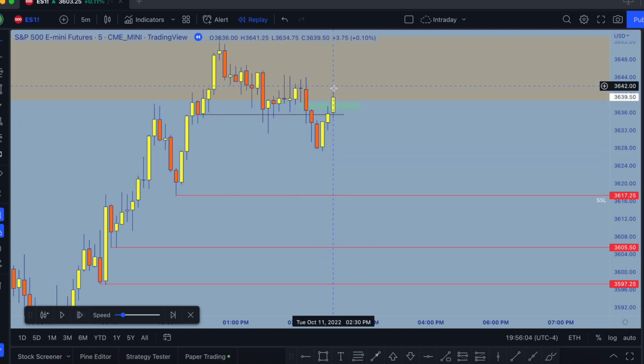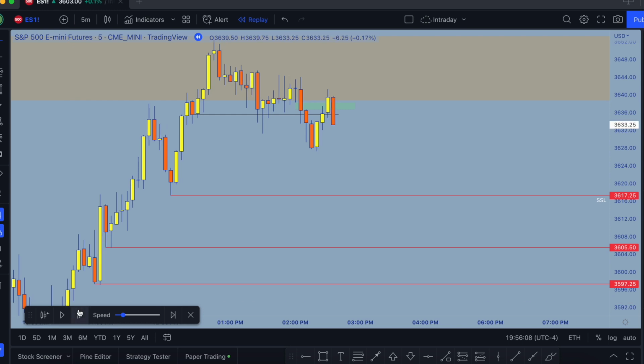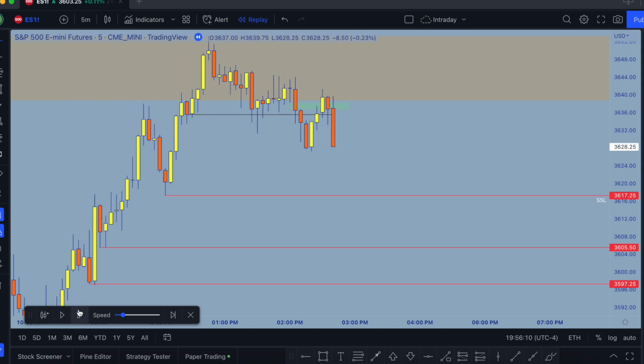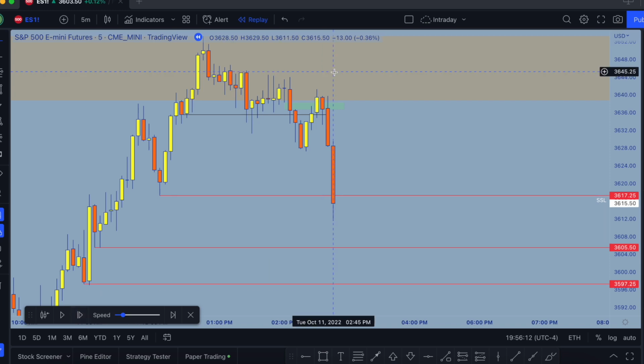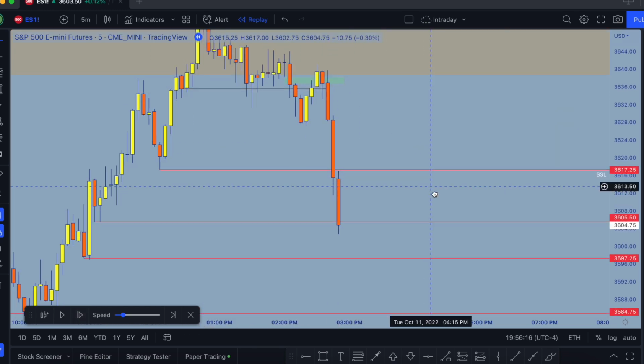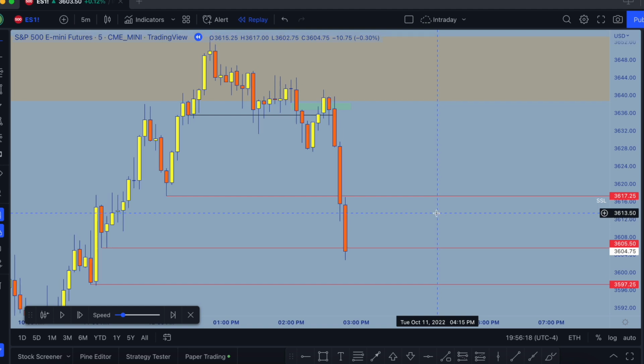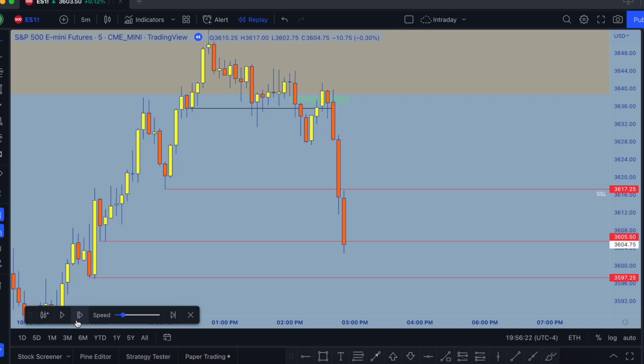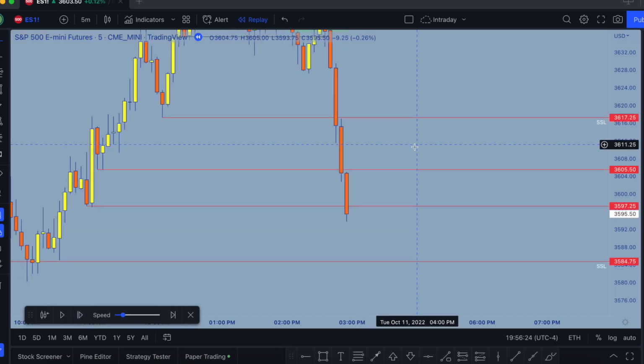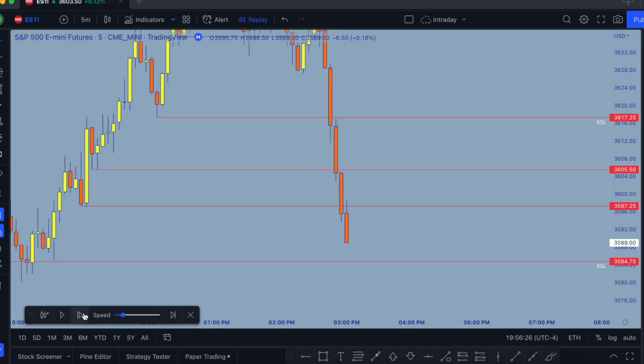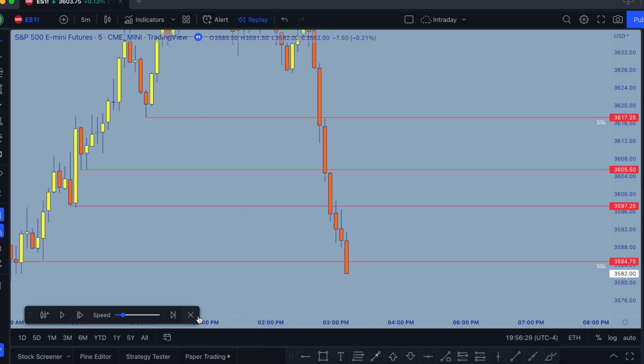Price wicks up a little over the gap, but not quite at our stop. Comes back down and sells off right into sell side liquidity. Remember, price trades discount to premium, premium to discount, and it seeks liquidity every single time. And what does price do?